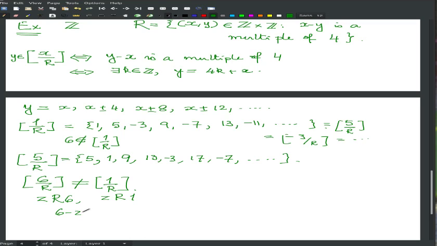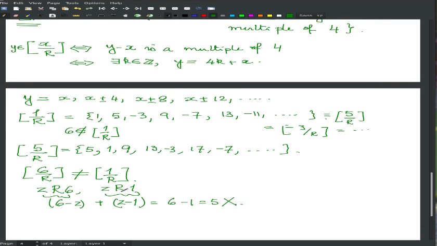This means z minus 1 is a multiple of 4. So this means that their sum, which is 6 minus 1, is a multiple of 4. But that is not true. So therefore, if you had anything common, 6 and 1 would get related, which I know is not true. So therefore, there is nothing common between these two subsets. Okay?